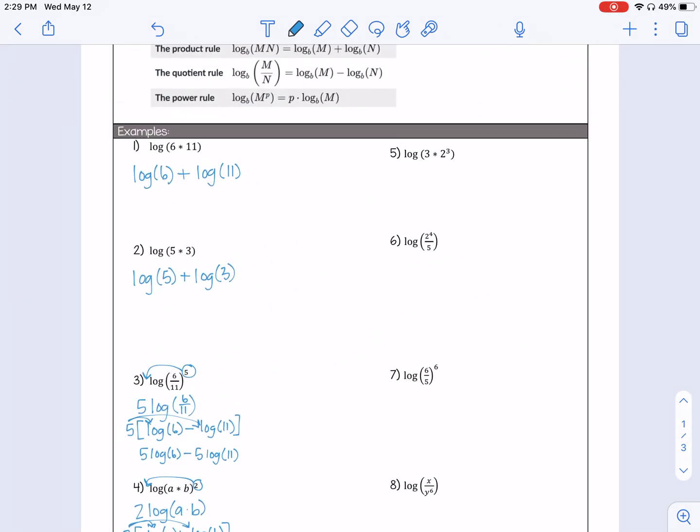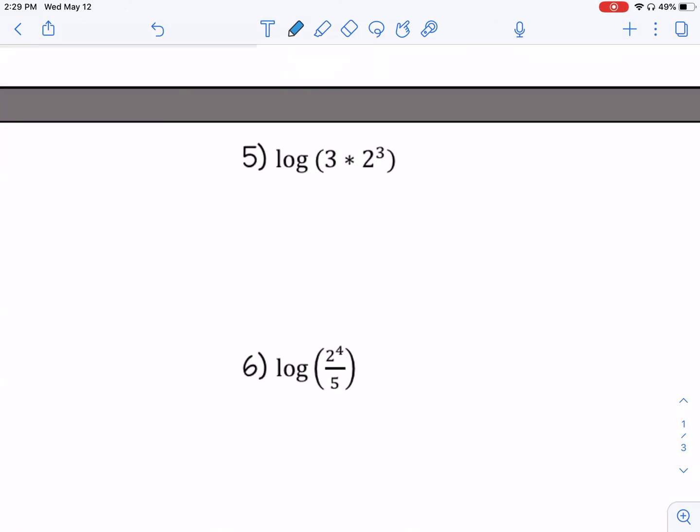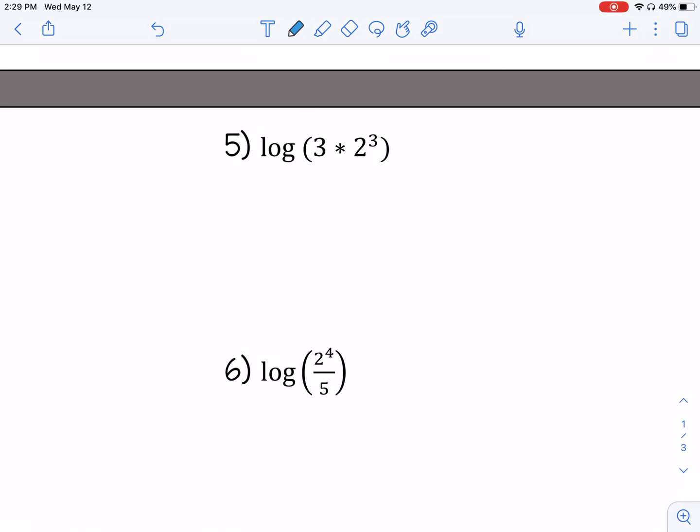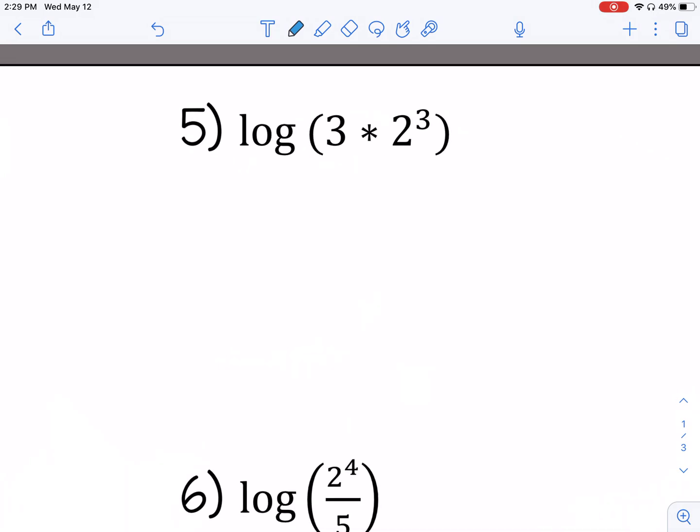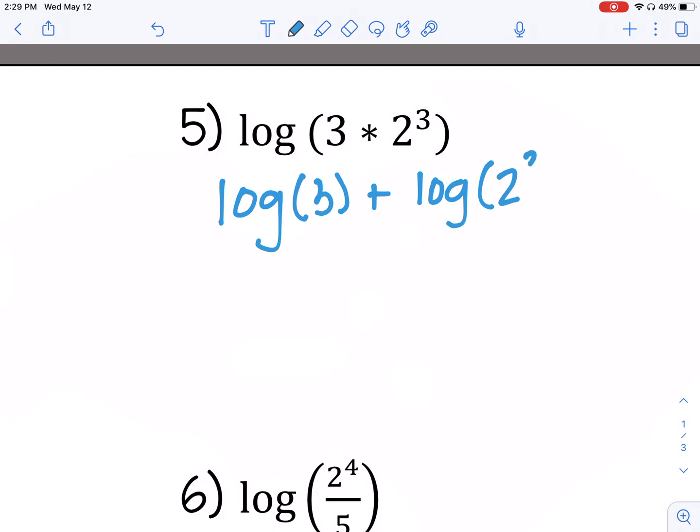Okay, a few more. This one, since this exponent's on the inside, we're going to take care of the multiplication part first, right? Because it's not out here, I can't just bring it out front. It's only attached to that 2. So we deal with the multiplication rule first. That says we can do log of 3 plus the log of 2 to the third.